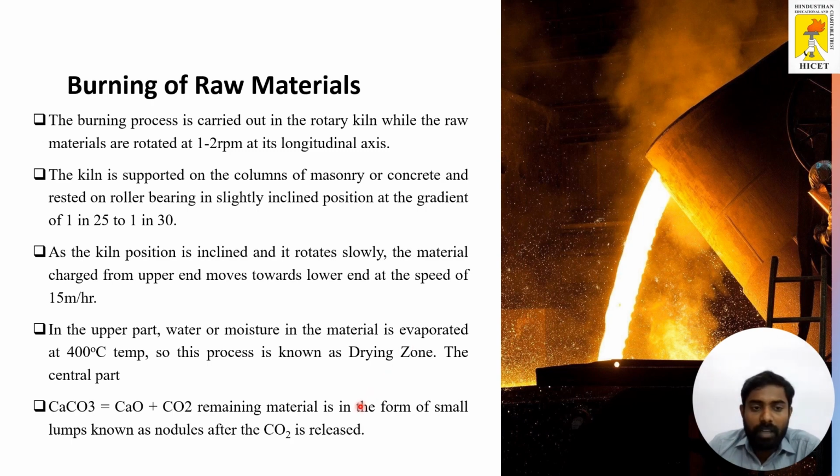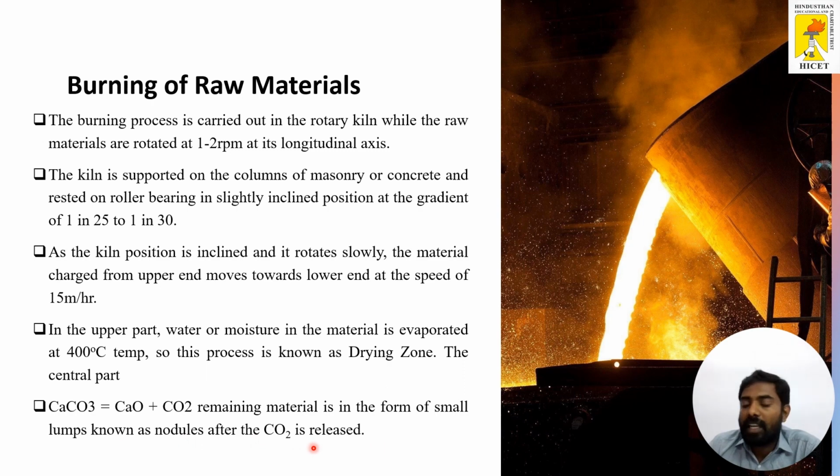In the upper part, water or moisture in the material is evaporated at 400 degrees Celsius, and so the process is known as the drying zone. In the central part, that is the calcination zone, the temperature is around 1000 degrees Celsius where decomposition of the limestone takes place. The decomposition indicates that CaCO3 gives CaO and CO2.